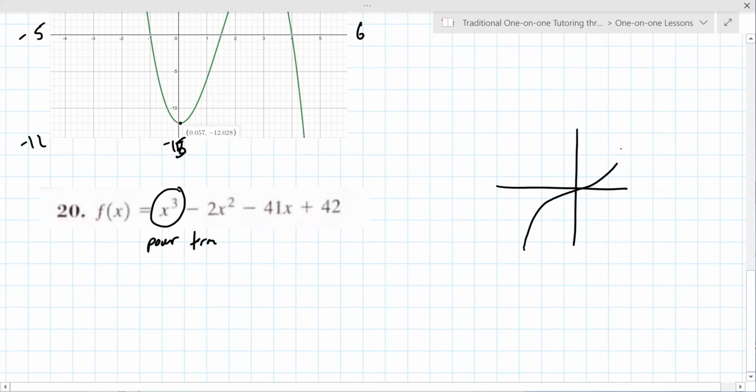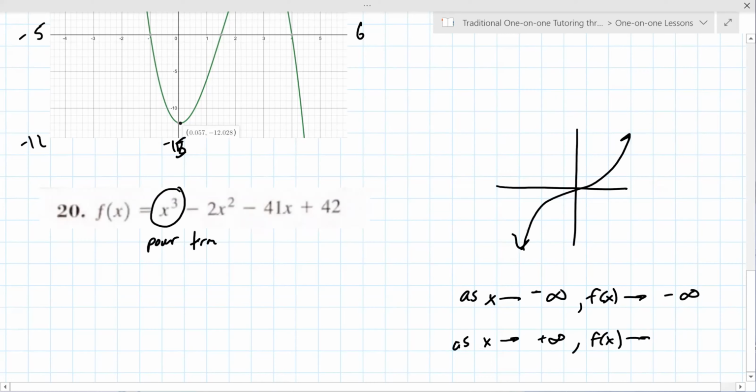You already know it does something like this, and that tells you the end behavior. As x goes to -infinity, as you go this way, f of x goes to -infinity, down. As x goes to +infinity, f of x goes to +infinity. Then we can graph it and get a window for that.